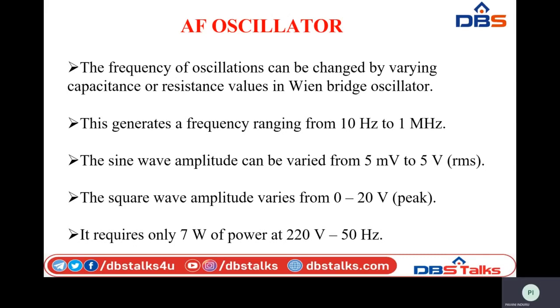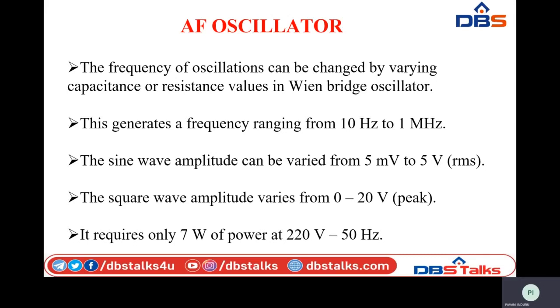Since it is well suited for audible frequencies, it requires very little power, in the range of 7 watts at 220 volts, and it can operate at the 50 hertz internal frequency.